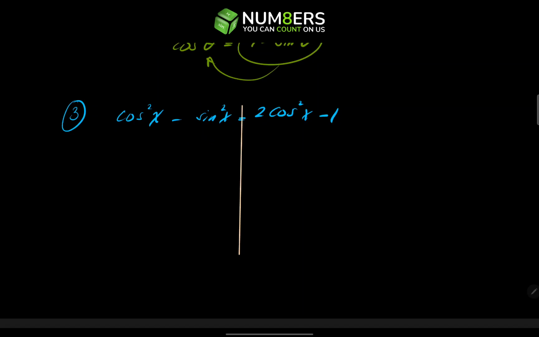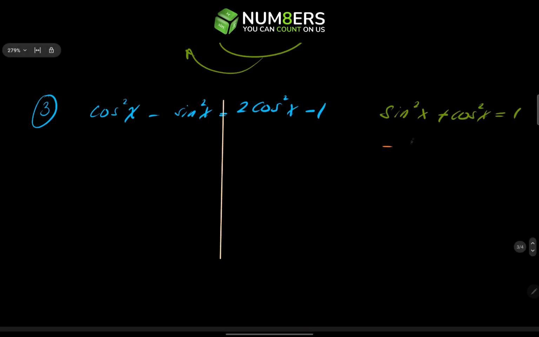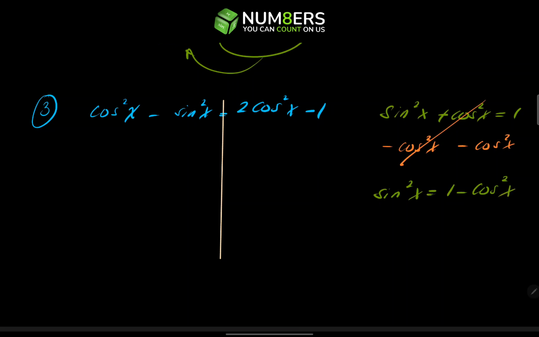And for this one, we're going to use Pythagorean identity. Again, I'll write the Pythagorean identity for this one on the right side, which is sine squared x plus cosine squared x is equal to 1. So if we subtract cosine squared on both sides, these cancel. We're left with sine squared x equals 1 minus cosine squared x.